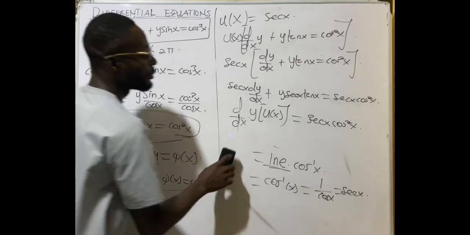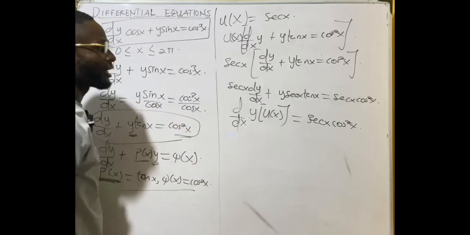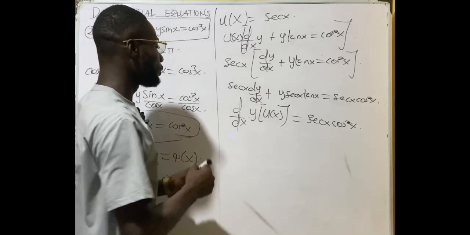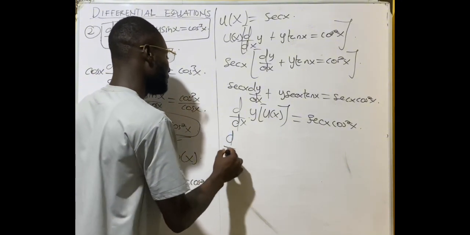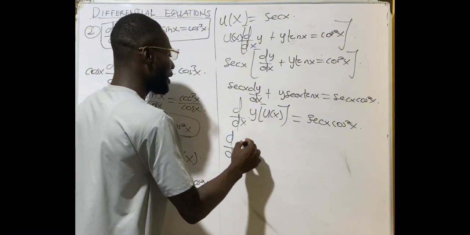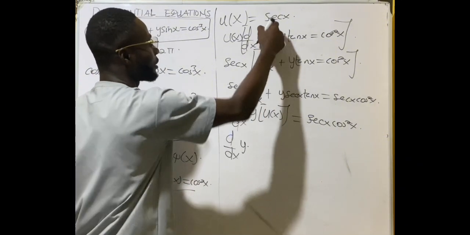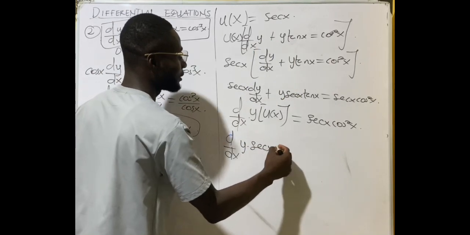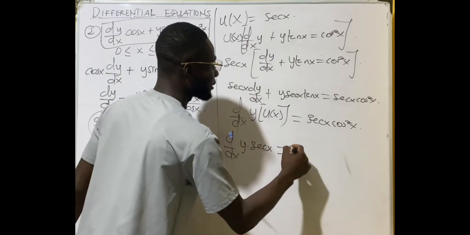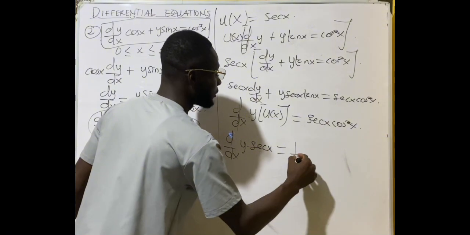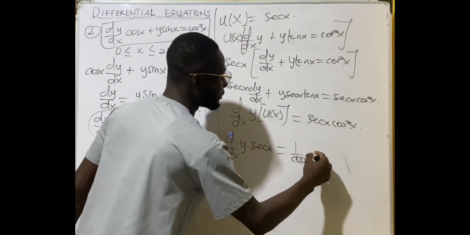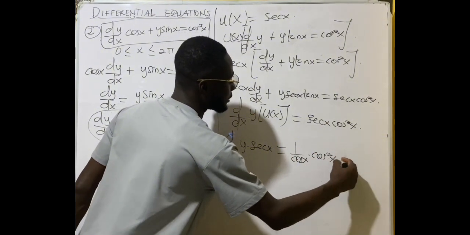Okay, so that is how the left hand side simplifies. So we're going to say that this, the y times sec x, what is it? Sec x is basically 1 over cos x times cos squared x, right?